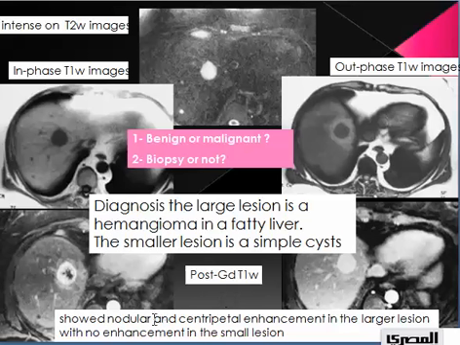Post-gadolinium, we have seen marginal nodular centripetal enhancement with the closing iris sign. Marginal nodular appearance with closing iris sign. So this is hemangioma in a fatty liver.